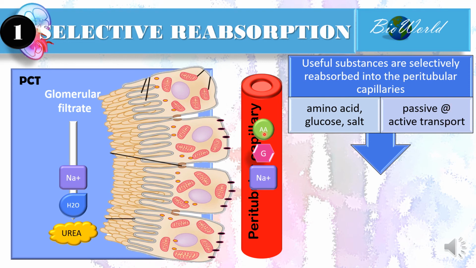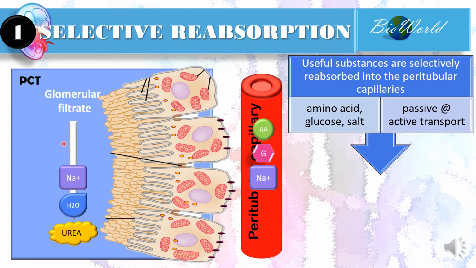The amino acids and glucose are transported by active transport with the help of carrier proteins and ATP generated by the mitochondria. You can notice that the glomerular filtrate will have no amino acids or glucose anymore.